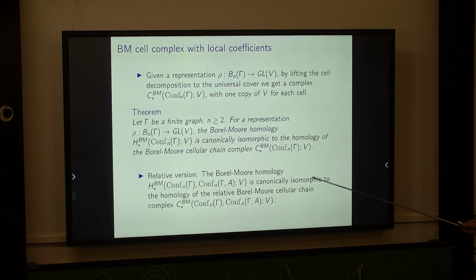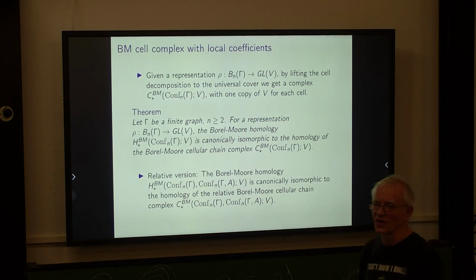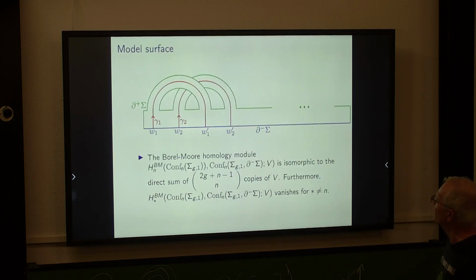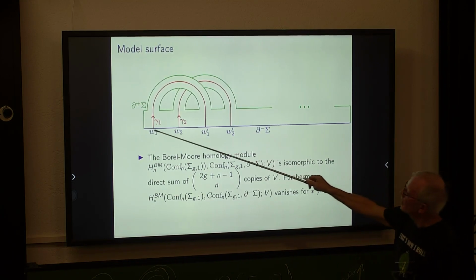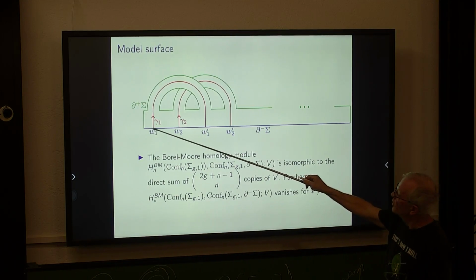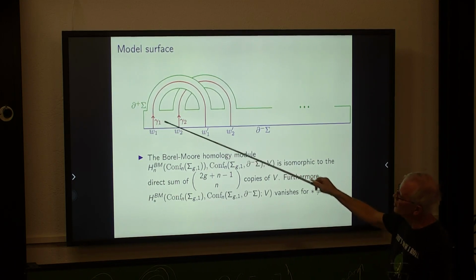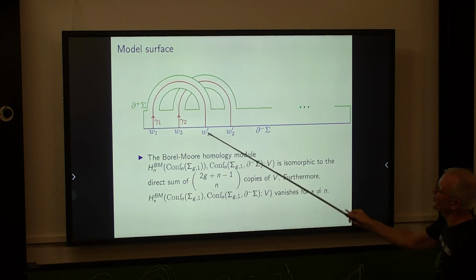So you also have a relative version, where, of course, the relative Borel-Moore cell complex is what you think. And this way, you can consider this model surface. So here, my A will be the blue thing. And then, maybe here it's not completely right, I do not have the band.